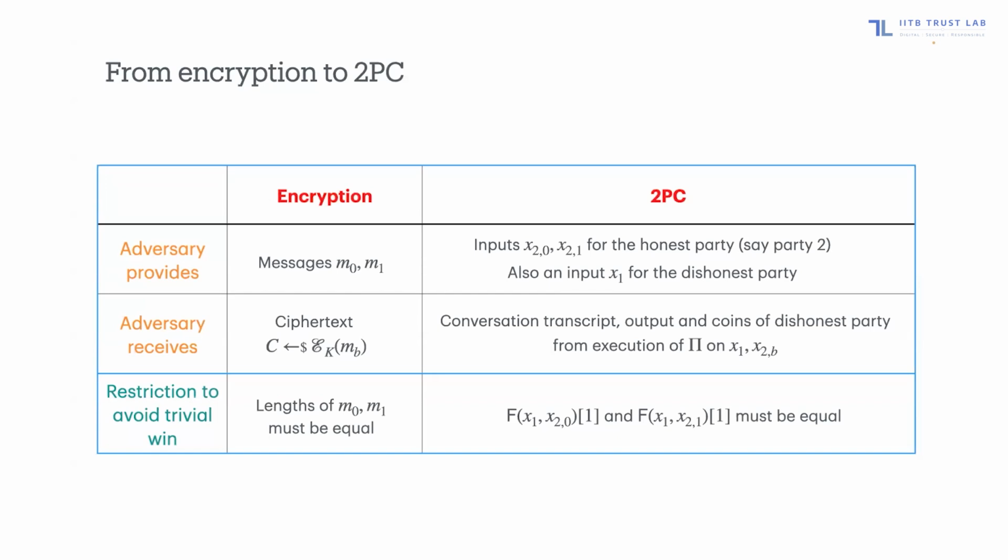Since the adversary receives the output for the dishonest party, if for the pairs of inputs that it's providing to the oracle, it gets different outputs, it would be easy for the adversary to win. So we have a requirement saying we need to have the same outputs for both the pairs from the functionality.